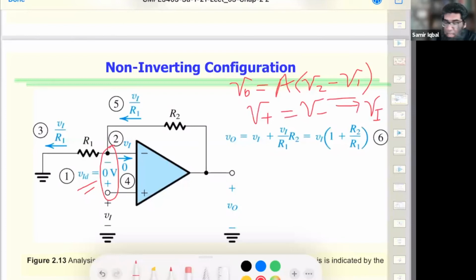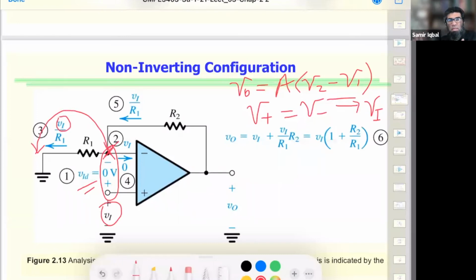Now, what happens to the current? The current through R1 is thus due to the input voltage and the ground. So these are shorted, which means this voltage is the same as this voltage. So the current from here to here is now because of V input. Still with me on this?